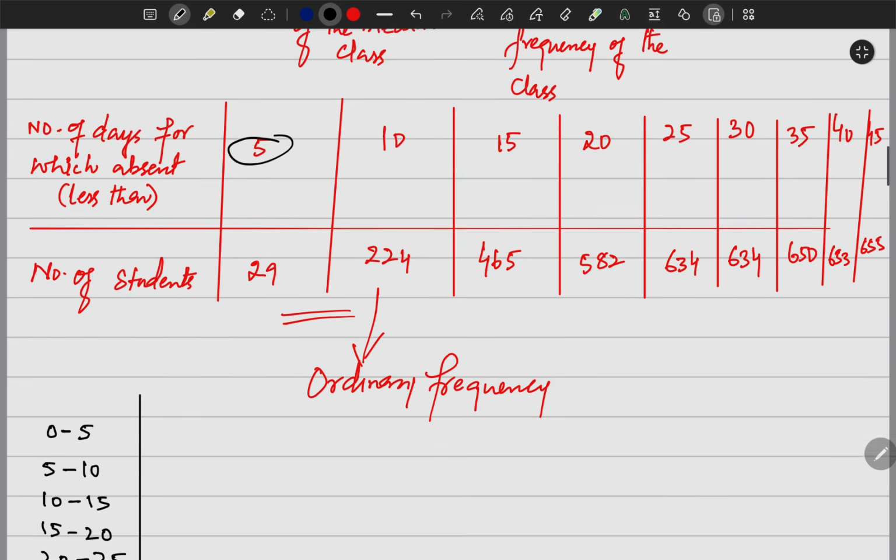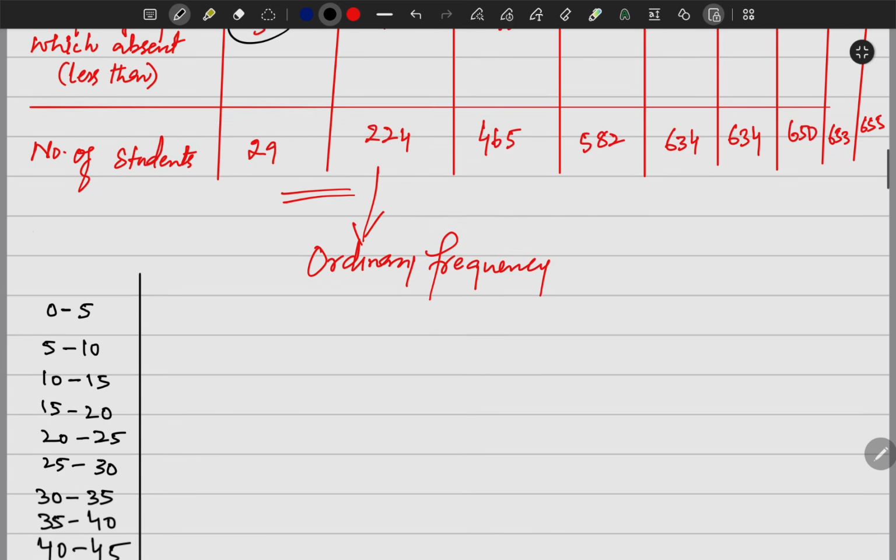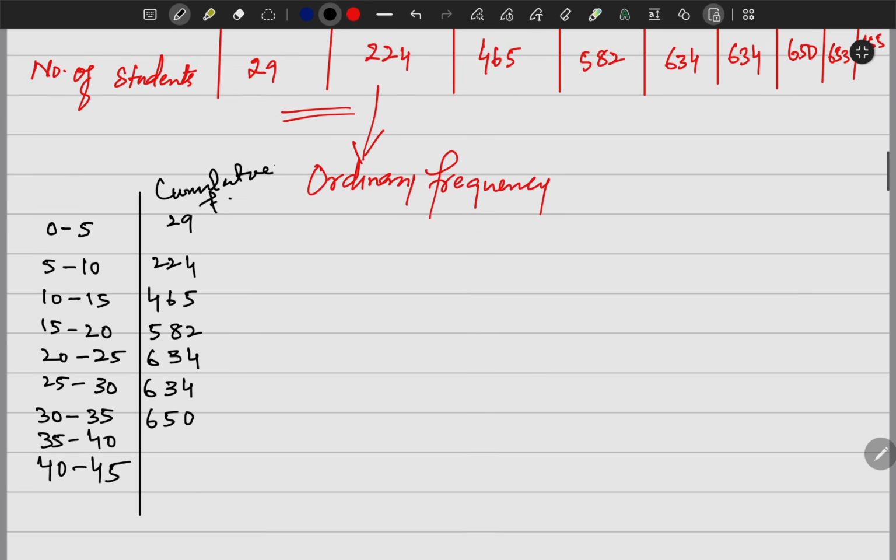Okay, so the frequency you have, this is cumulative frequency. So that is 29, 224, 465, 582, 634, 634, 650, 653, and 655.